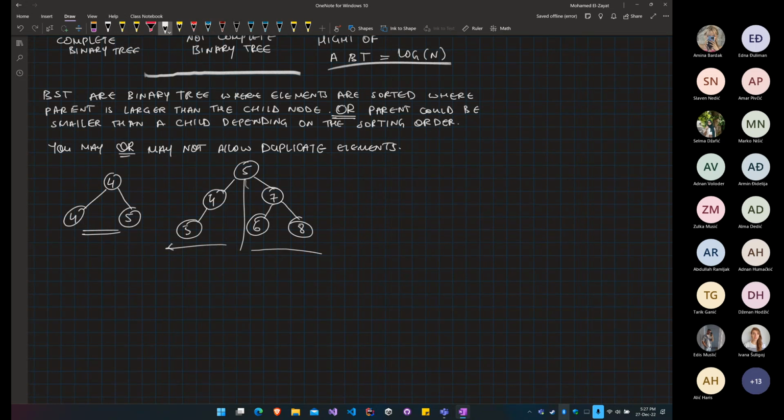So BSTs are binary trees where elements are sorted, where the parent is larger than the left child node, let it be like this, and, because you could actually reverse this, the parent would be smaller than the right child node, depending on the sorting order.